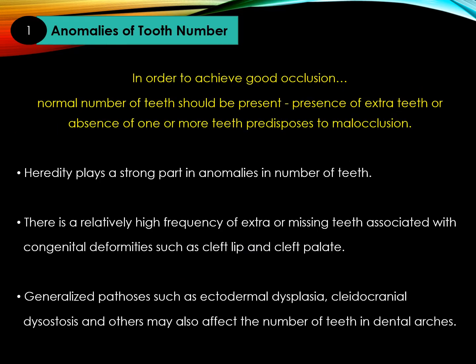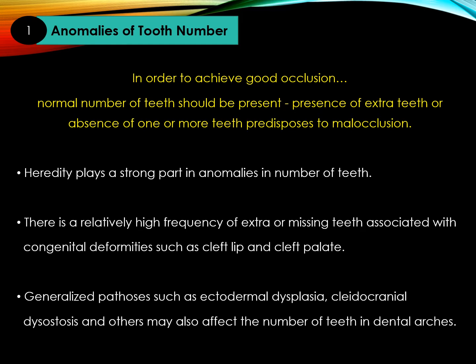Anomalies of tooth number. So in order to achieve a good occlusion, there has to be a normal number of teeth present, and if there is presence of extra teeth or an absence of one or more teeth, such situations lead to malocclusion.